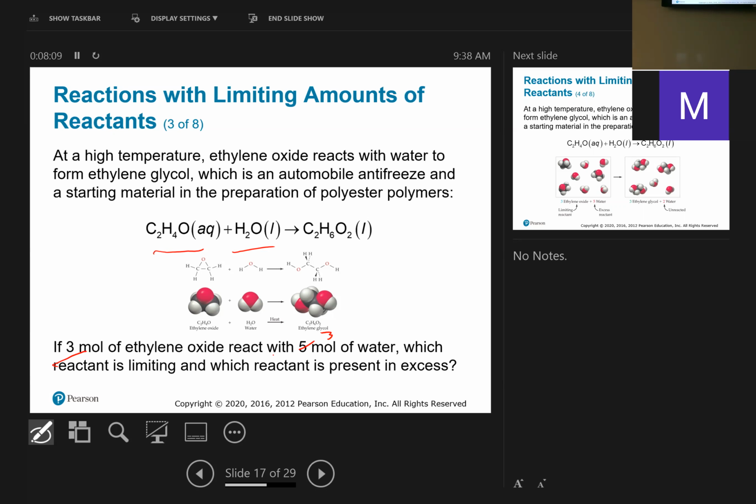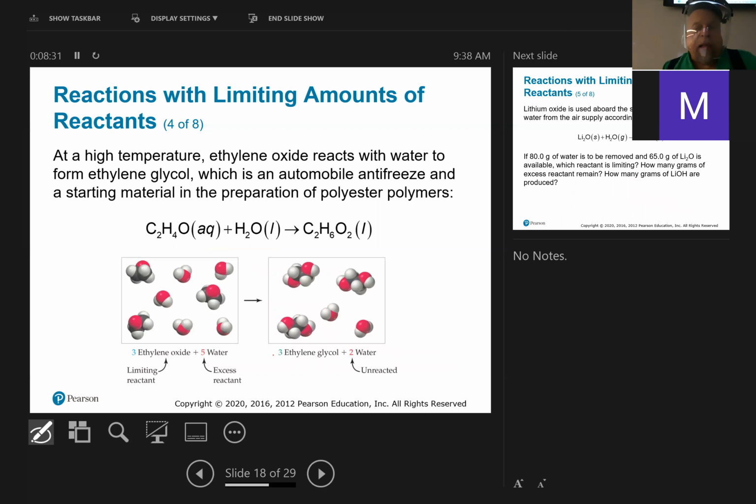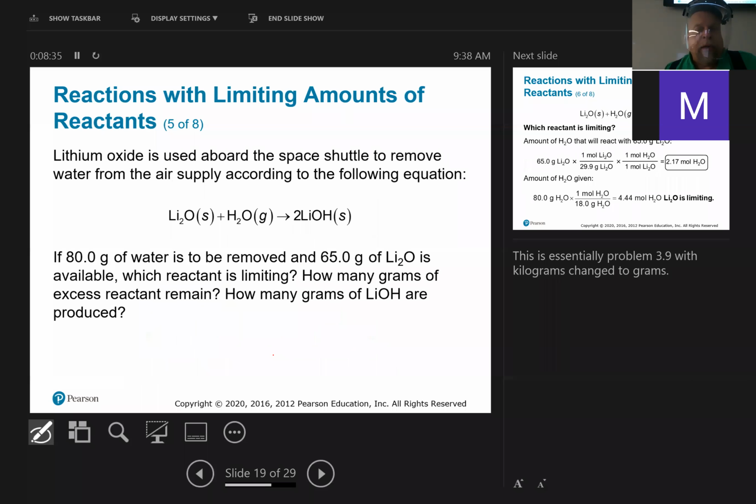So if it's 1 to 1, if you have 3 moles of the ethylene oxide, how much water would be required? 3 also, but you have 5. Okay, so that's essentially how it works. Okay, and then they give you a little diagram there with the 2 extra unreacted material.